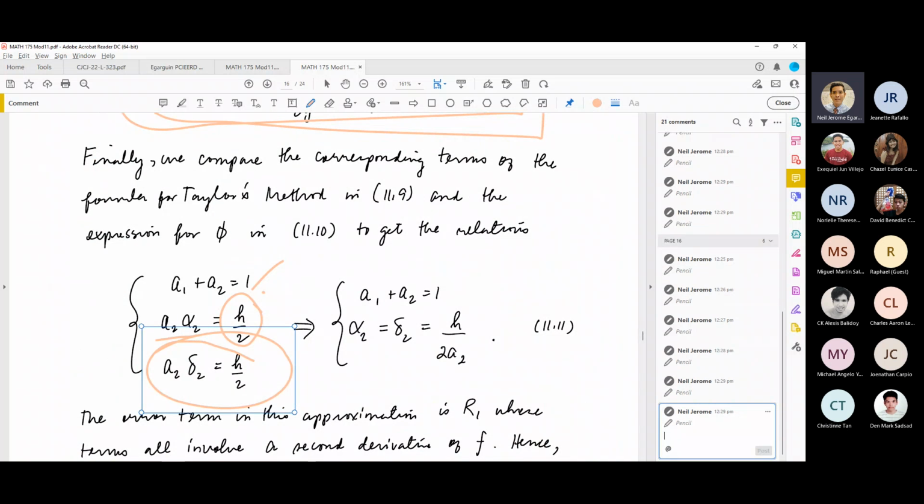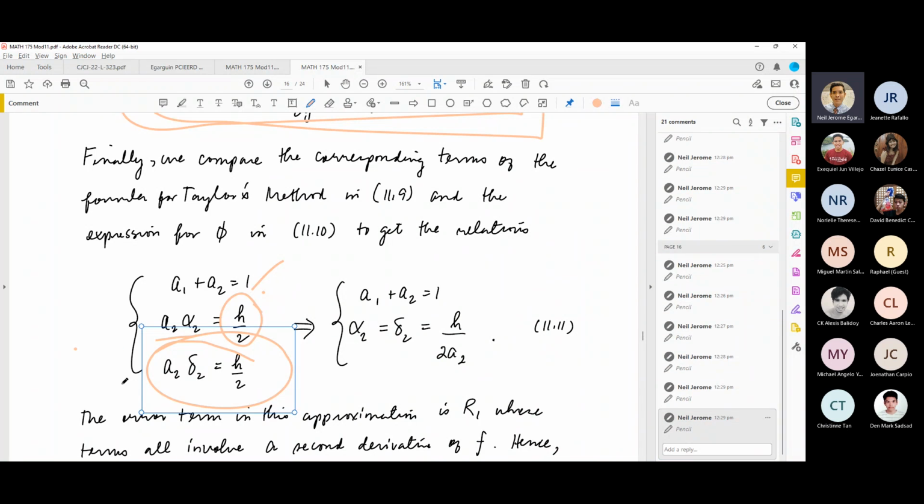So that means if I'll use these last two equations, I'll get this relation. Kasi alpha 2 delta 2 ay dapat parehas equal kay h over 2a2. All right? Now, equation 11.11 basically gives us what are the conditions for a1, a2, alpha 2, and delta 2 para sa Runge-Kutta method of order 2.